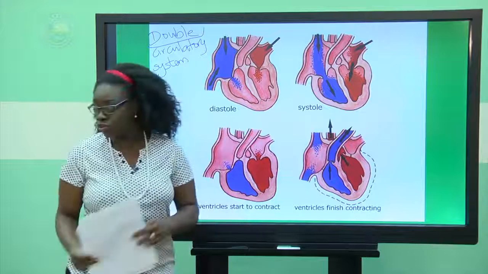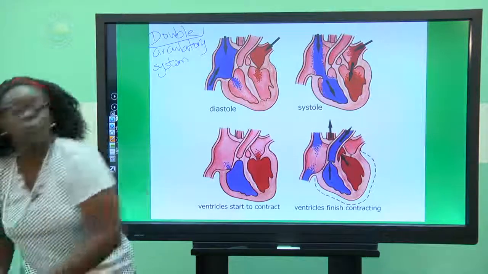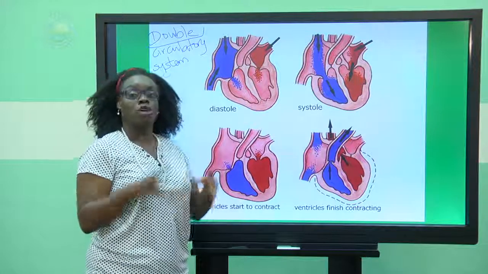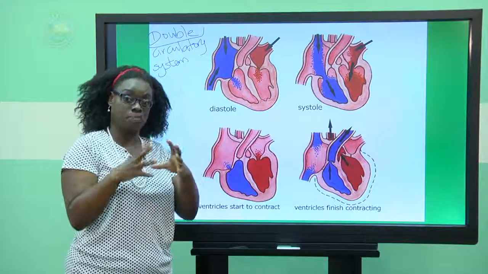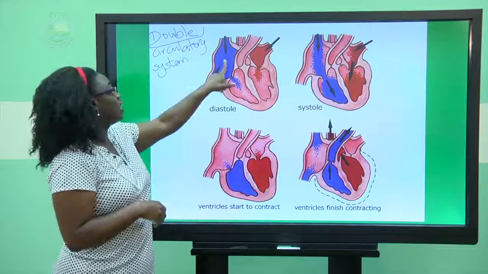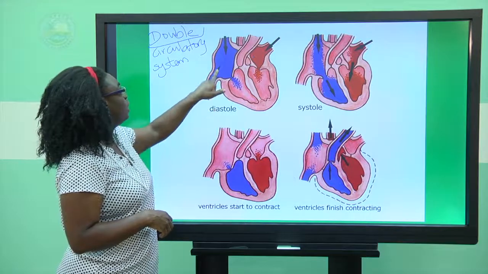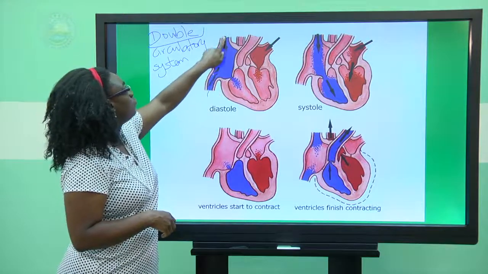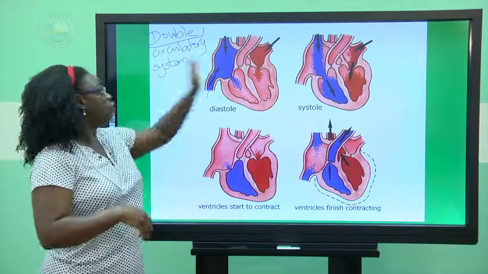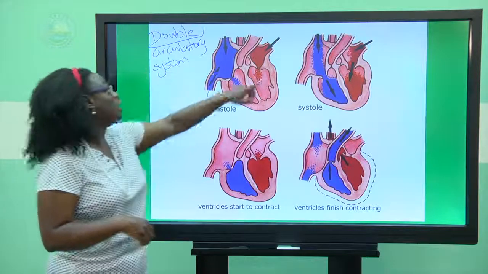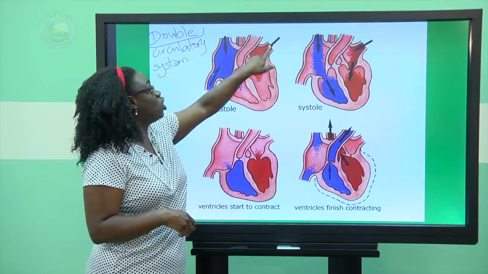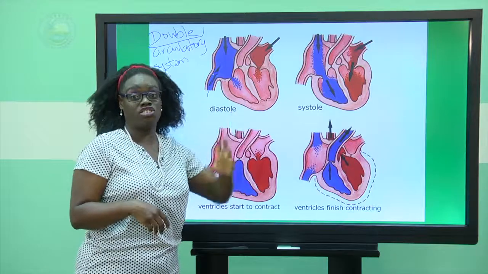So let us go through what happens to your heart. Now remember, your heart is 4-chambered, okay? So we have the atria at the top, and blood comes in from the body here, and from the head here on the right atria, and comes in here from the lungs on the left atria.